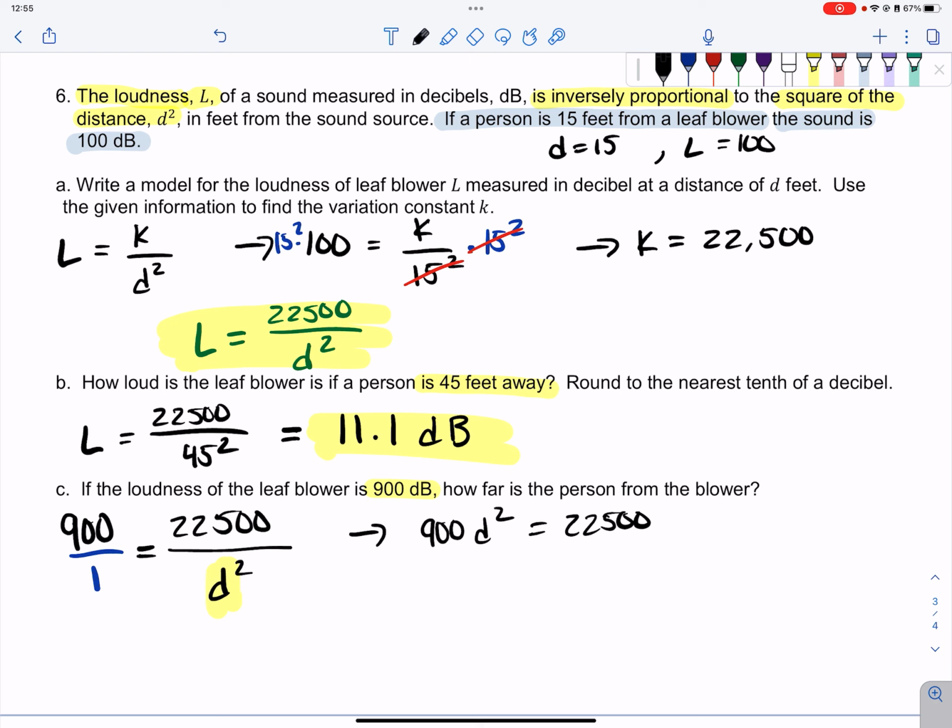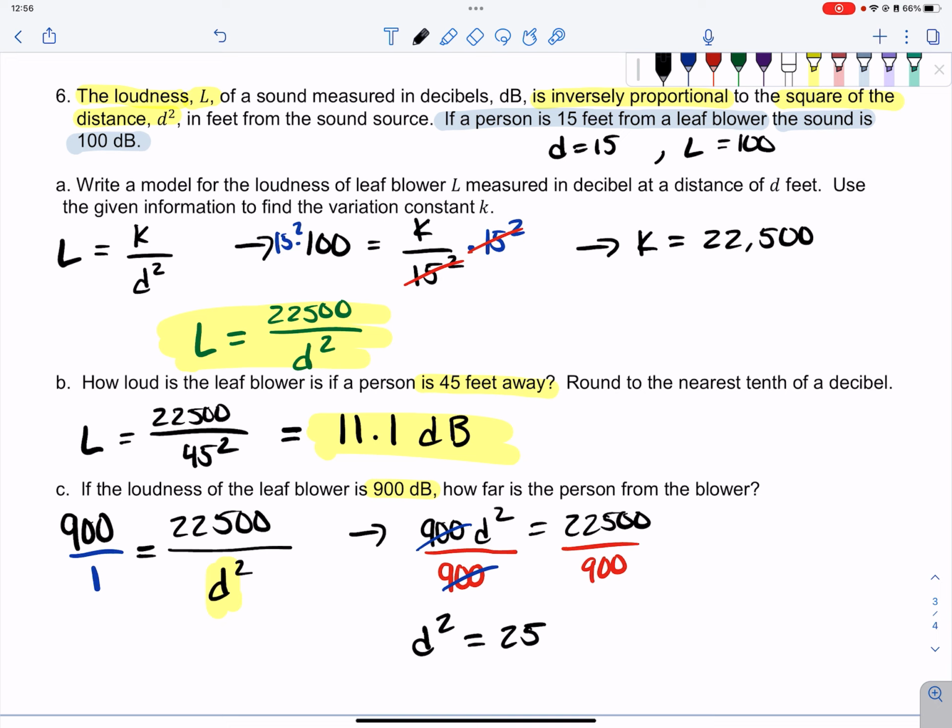Now we need to solve for D. D is being squared, and then multiplied by 900, so we first divide both sides of the equation by 900. This gives us that the distance squared is equal to 22,500 over 900, which evaluates to 25.